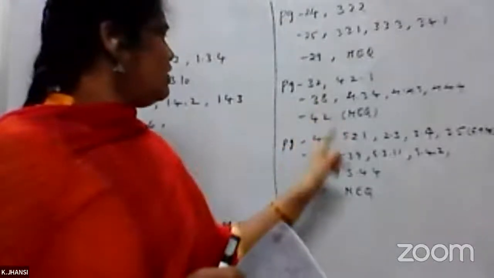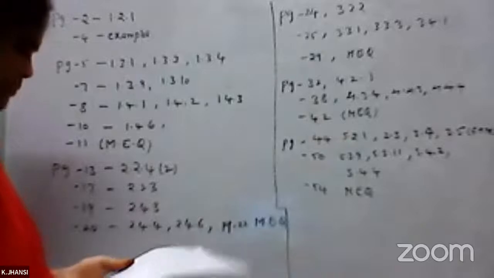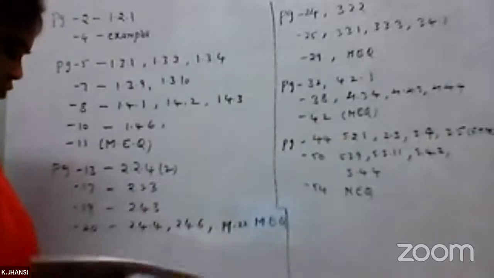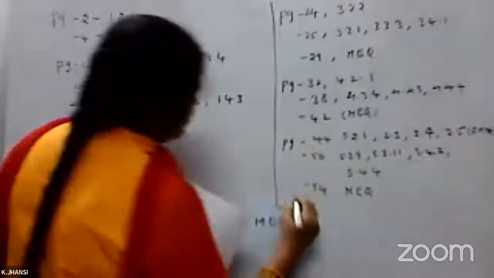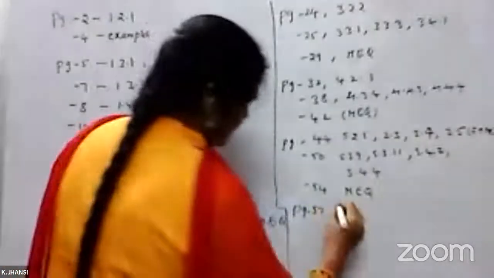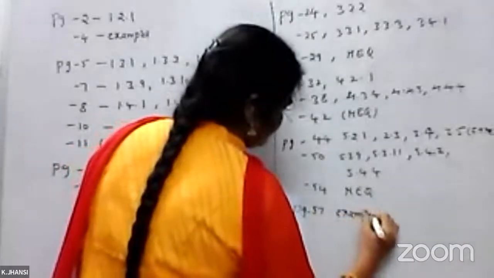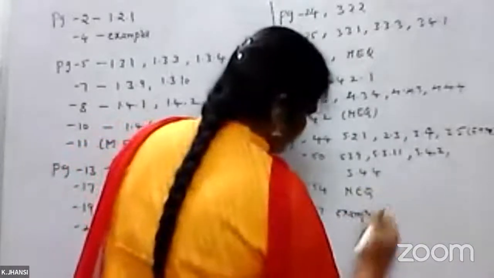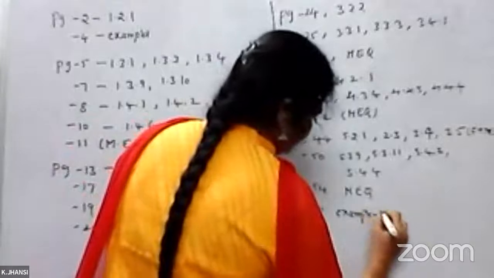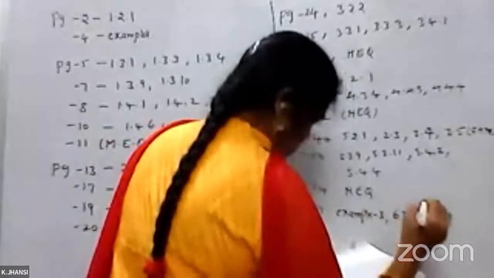After the third unit, we have a fourth unit. Fourth and fifth units are also completed. Page number 54. After that, you have page number 57 examples. Given 6.3 point.